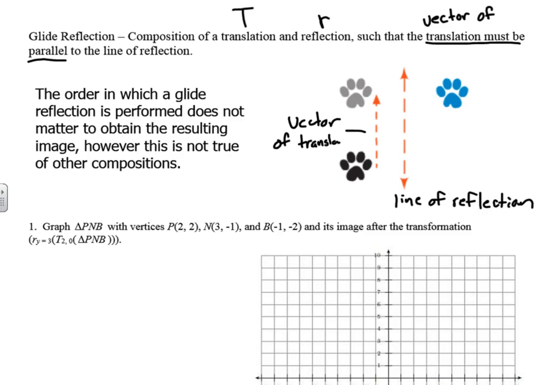What makes this a glide reflection is the fact that those two lines are parallel to each other. So we slide it up and we reflect it over. That one's called a glide reflection.